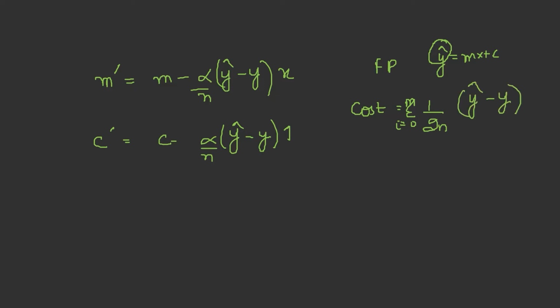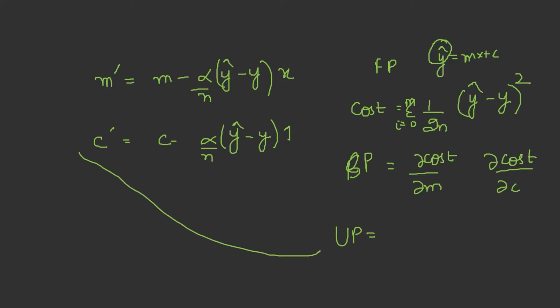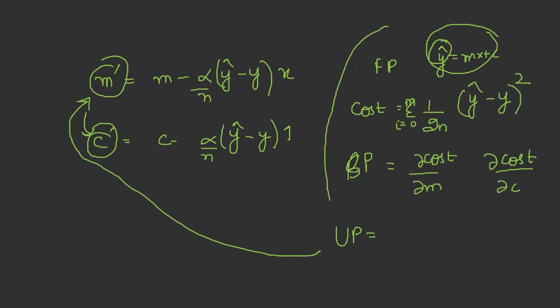Now we want the least value for cost. We want to reduce it as much as possible. So for reducing it, we do backward propagation and we use gradient descent, where we find del cost with respect to del m and we find del cost with respect to del c. And then using this result, we update our parameters, which is equal to this, right? And now we will again use these parameters in this particular equation, and the entire step will keep on continuing.